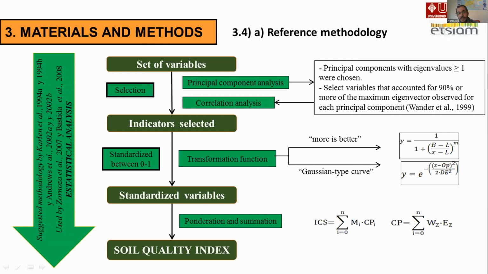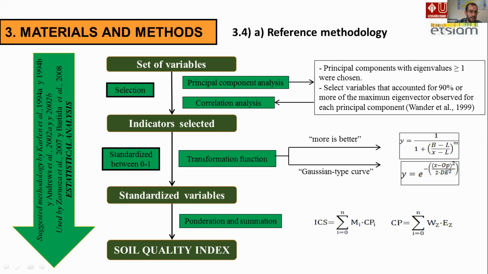In this slide, you can see a small scheme of the procedure that we have followed. First, we start with our set of variables in which we make a selection using a principal component analysis. And we choose the highest values that we have obtained. So then we make a correlation analysis once or twice, and then we've got at the end our selected indicators.